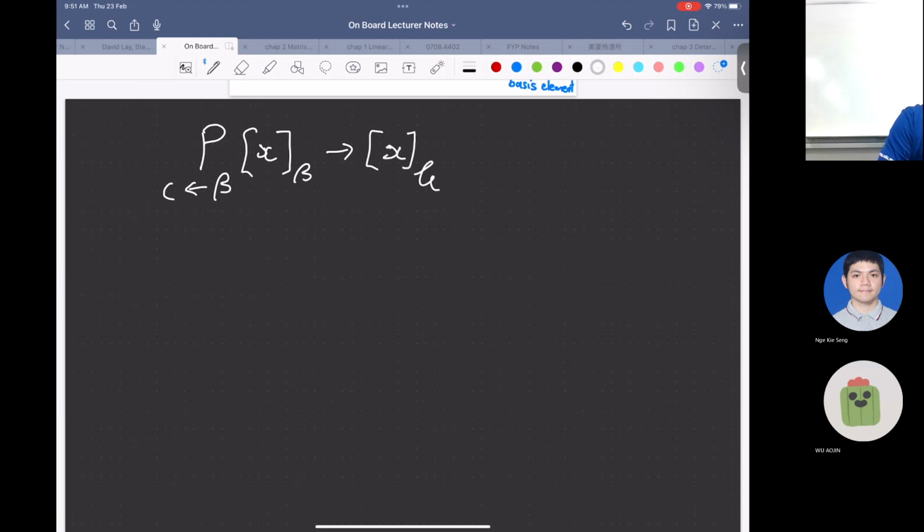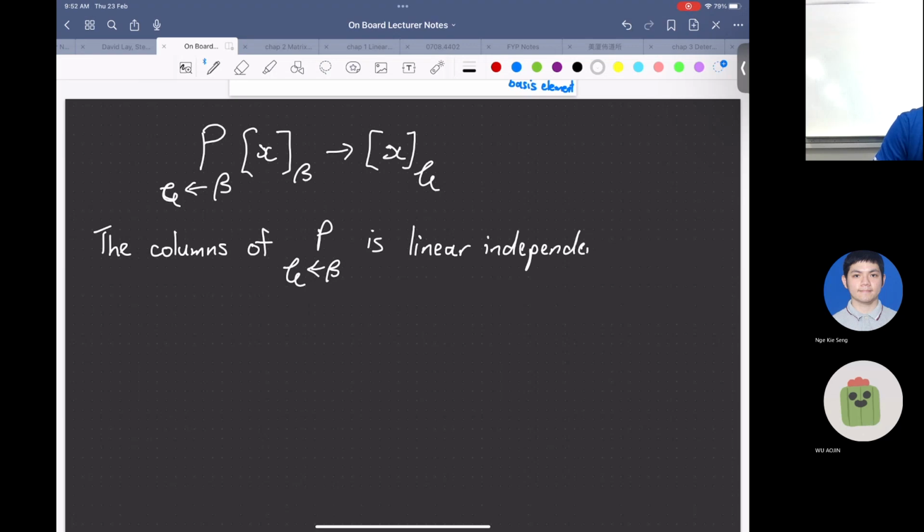Okay. And we say that the columns of P_B to C are linearly independent. And P_B to C is an n by n matrix. Okay. Why?